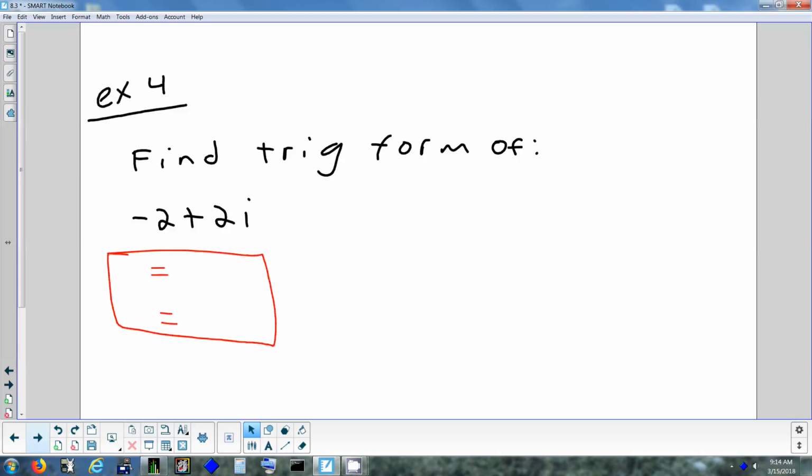R and theta. I need to find R, and I need to find theta. It doesn't matter which one you start with. So, Caleb, which one do you want to start with? R. Okay. So I'll graph it first. It's left 2, up 2.